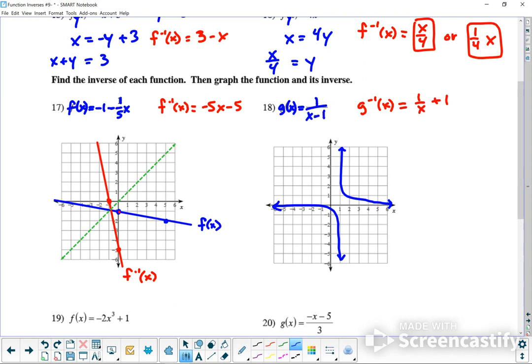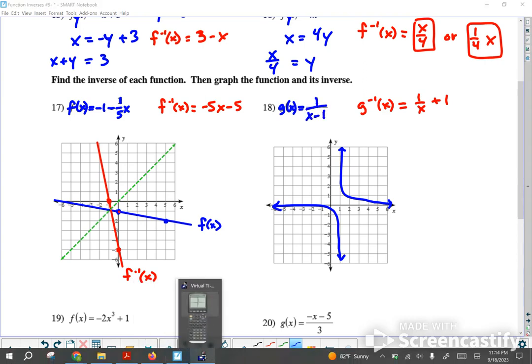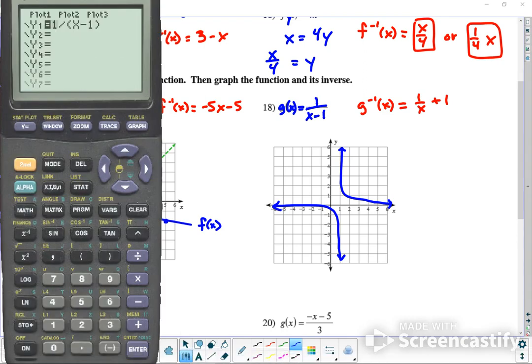We already graphed it. And let's look at g inverse of x. So that's 1 divided by x plus 1. Okay? And because I didn't put parentheses around it, it's going to keep them separated, kind of like how we have it here. We graph that. Ooh.